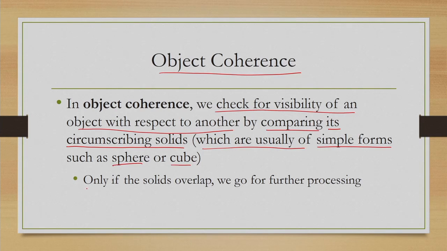So, then only if the solids overlap we go for further processing. If there is no overlap, that means there is no hidden surfaces. So, we do not need to do any processing for HSR. So, this is simple way of eliminating lots of computations due to this object coherence property.